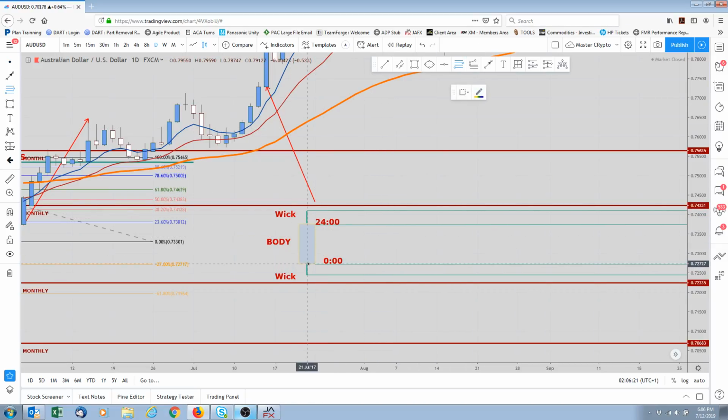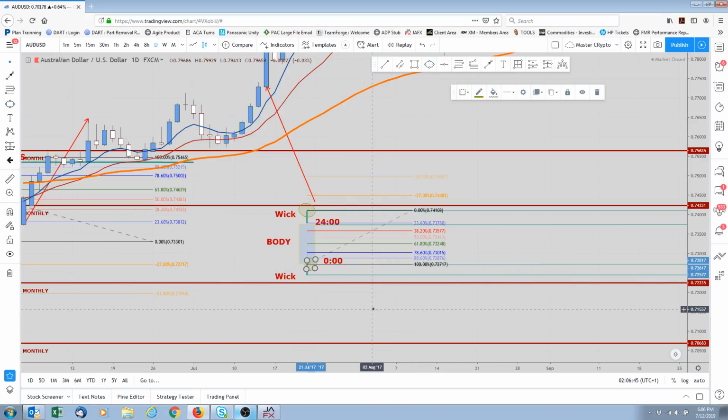Why I'm telling you this is when we draw our fibs, I like to go from support, where price found support. I usually like to go from the bottom of the body to the top of the wick. Just keep that in mind. The bottom of the body to the top of the wick, right there to right there.